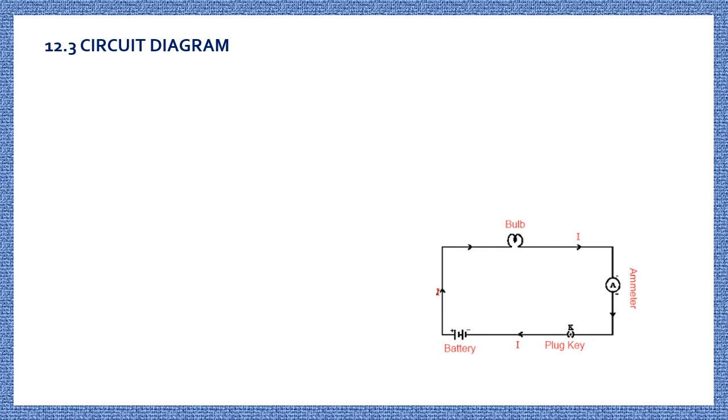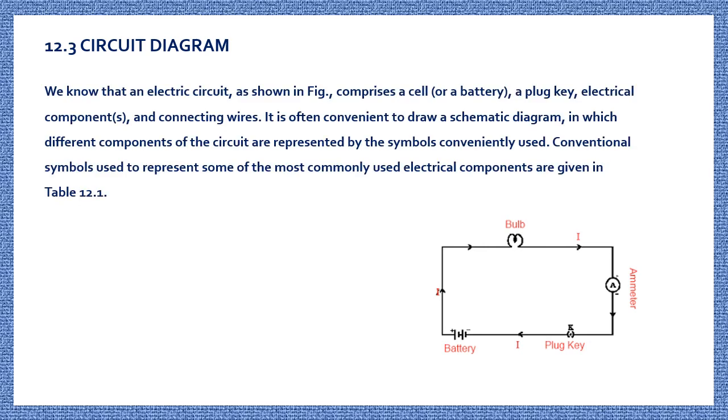Circuit diagram. The electric circuit, as shown here in the figure, has a simple cell or battery, a plug key, electrical component, and connecting wires. Everything you can see over here.